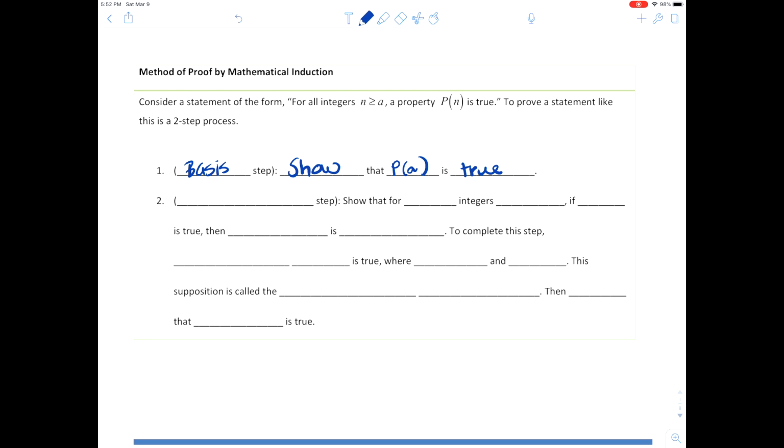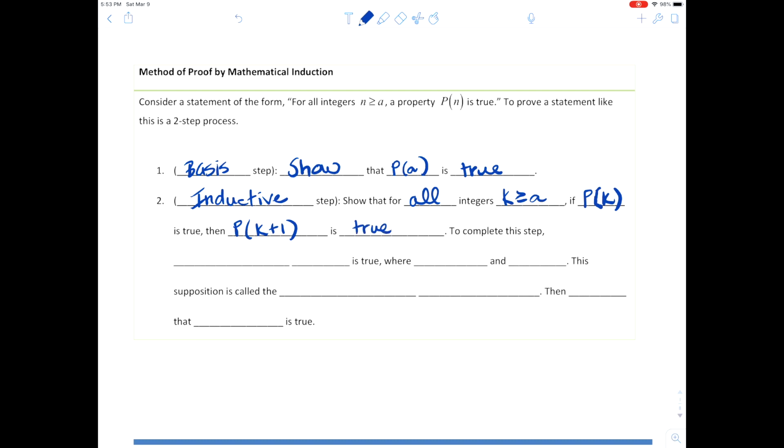And then our inductive step: show that for all integers k greater than or equal to a, if P of k is true, then P at k plus 1 is also true.